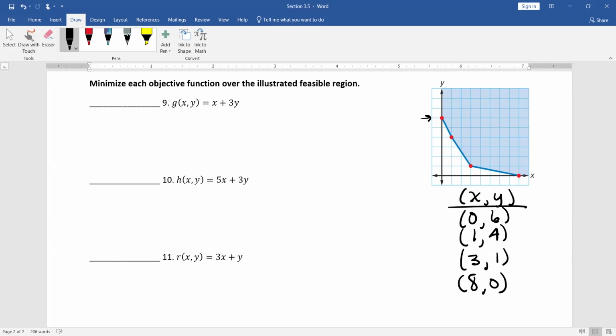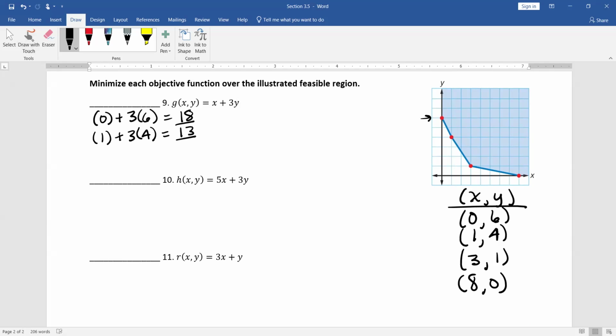All right. So in this case, we're going to minimize. So we're going to still plug in the values of these different vertices into our function, and we're looking for the smallest number. So in this case, I have 0 plus 3 times 6 gives me 18. Second one, I have 1 plus 3 times 4, which gives me 13.